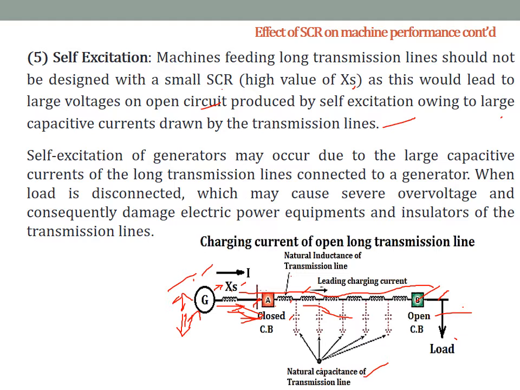Self-excitation of generators may occur due to large capacitive currents of a long transmission line connected to the generator. When load is disconnected, this may cause severe overvoltage and consequently damage electrical power equipment and insulators of the transmission lines.